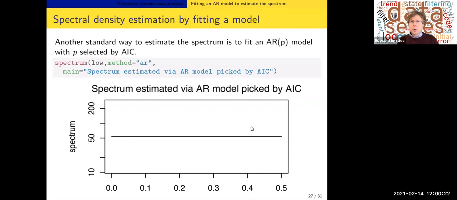So we have so far emphasized estimating the spectral density by essentially doing a smoother, a non-parametric method. You can also fit an AR(p) model with p selected by AIC. Sometimes that works well. I guess it works well when an AR(p) model is a good description of the data, which isn't always the case.